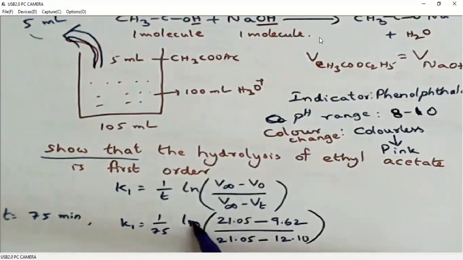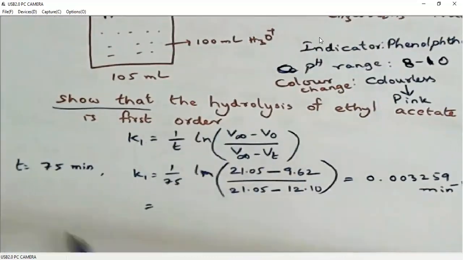We can convert this ln to log. So when we simplify this, what we will get is 0.003259 minute inverse, because it is in the denominator. So we will get minute inverse.